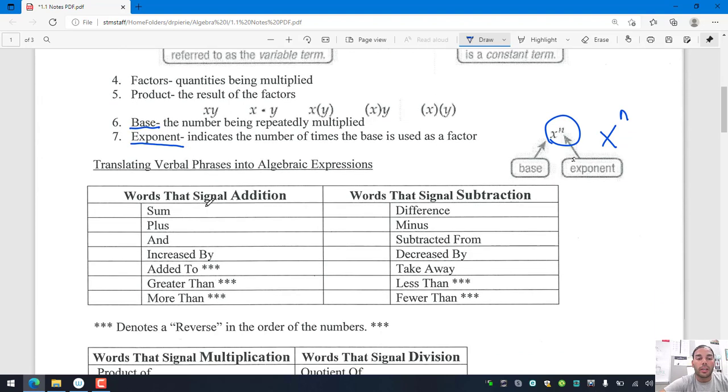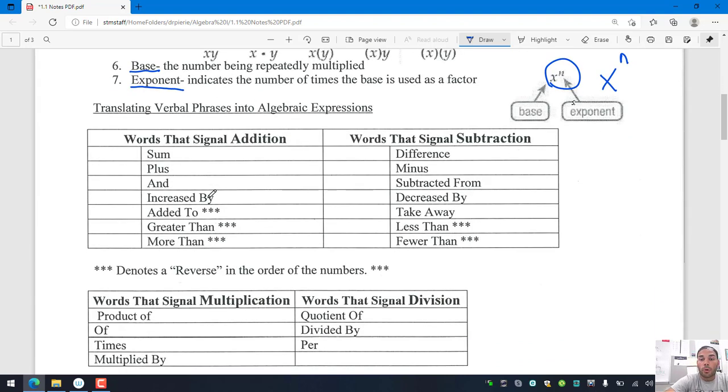The next thing you see here is a bunch of different words that can help you do a little bit better on word problems. A lot of you guys struggle with word problems. I know, I get it. They're hard. We have to reason through it and read through and find context clues in order to figure out what we're trying to do. So the big takeaway from this is if you see any of these words in this left-hand column here, it's a pretty good indication you're going to use addition in the word problem.